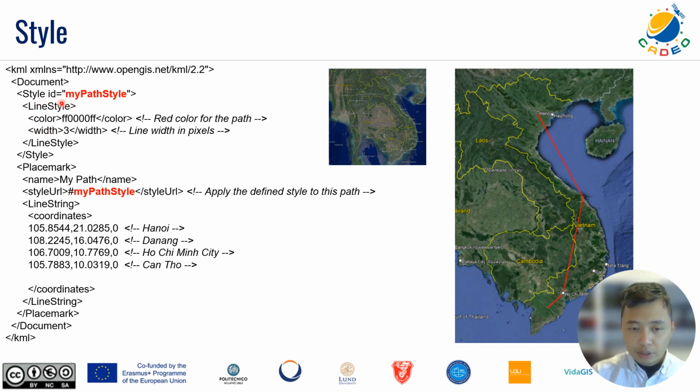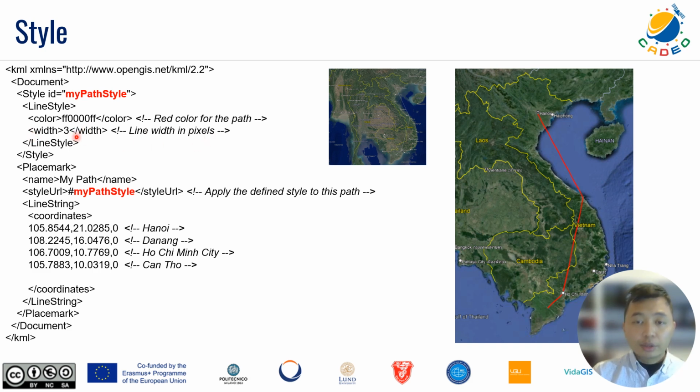And inside, as subelements, we can define LineStyle with color. You can use the code of the color you want. For example, here I choose the red color for the path, and you can also define the width, how wide it should be, and here I choose 3, meaning 3 pixels.